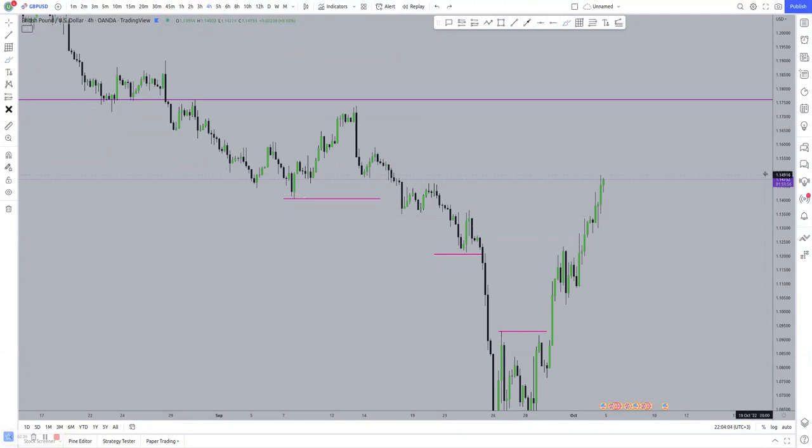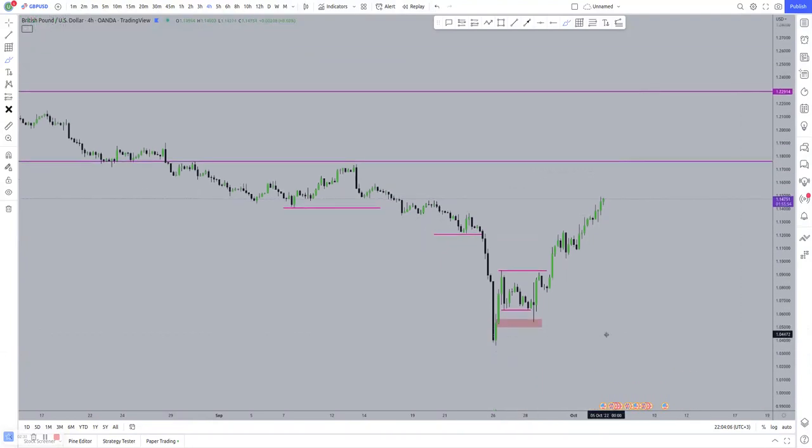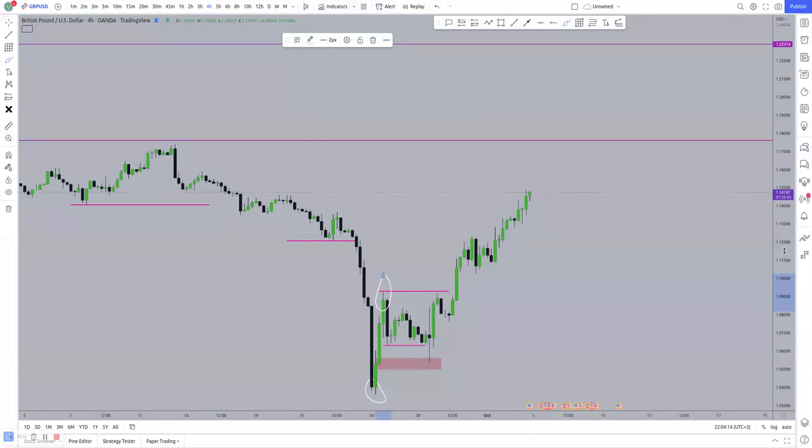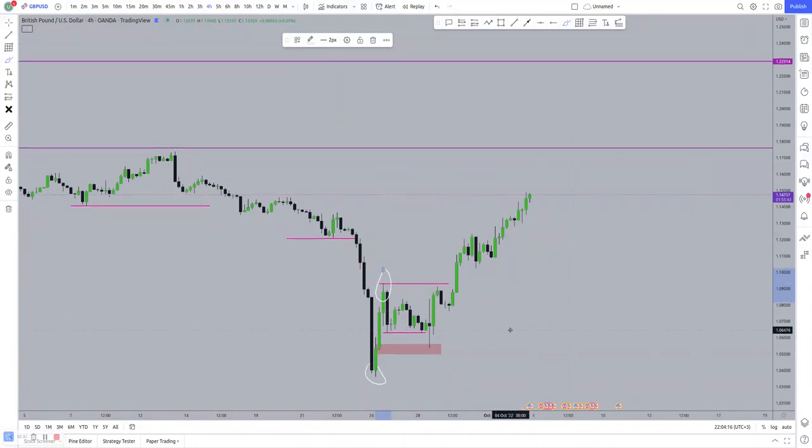But then suddenly we have this low, price creates a high. Let me zoom in. Right. So a high, a low, a high.